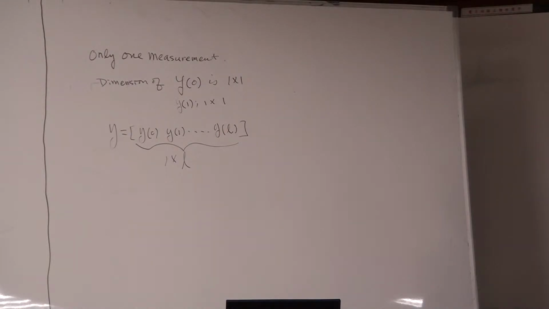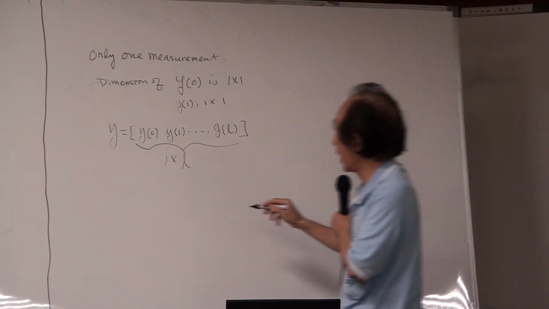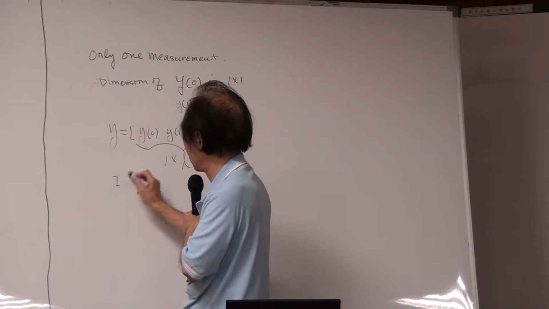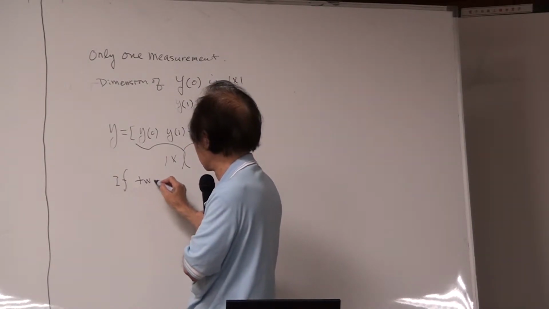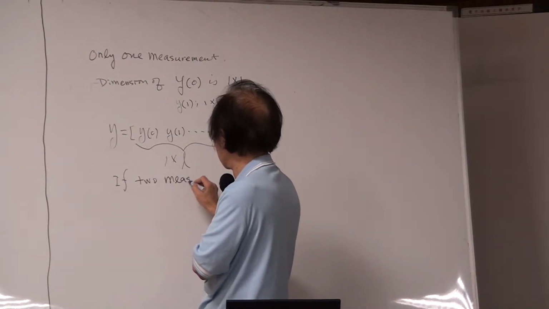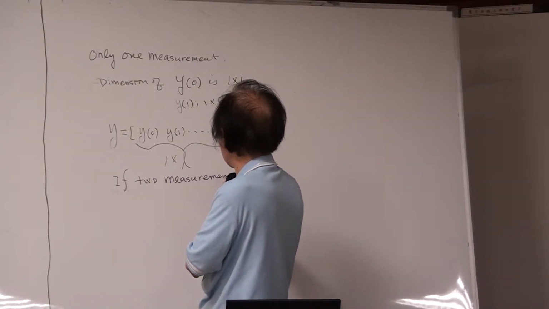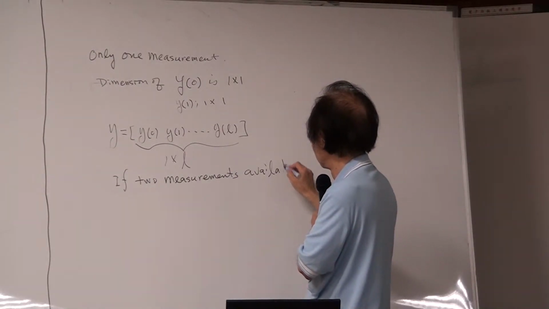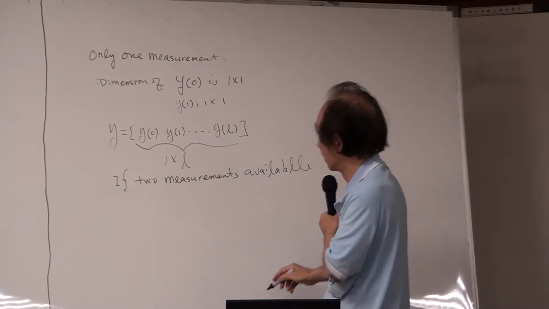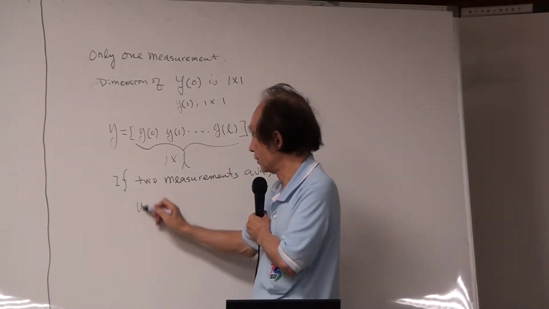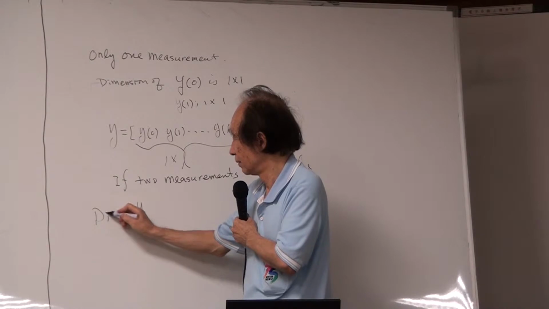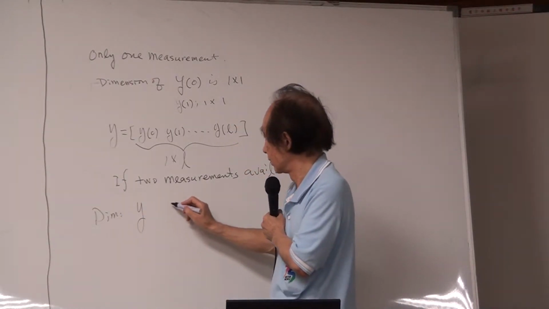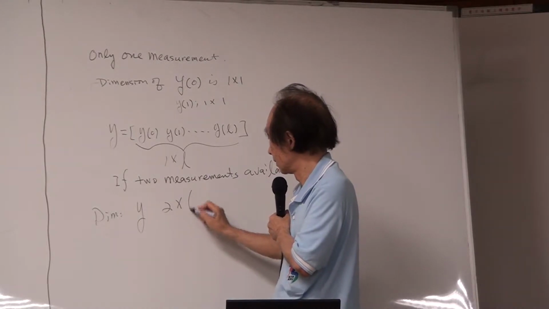Any problem? No. Okay. Now, if two measurements are available, then what is the dimension of Y? 2 by L.